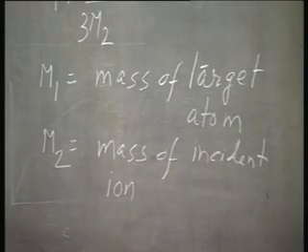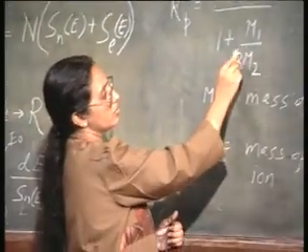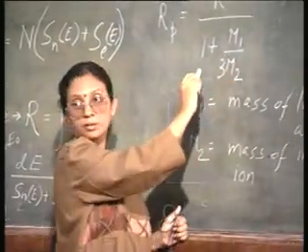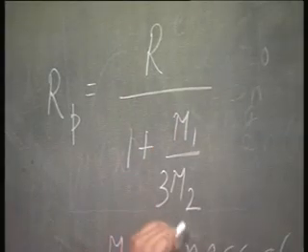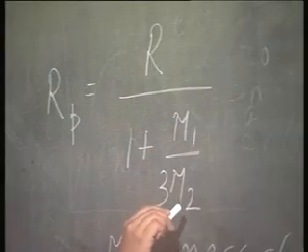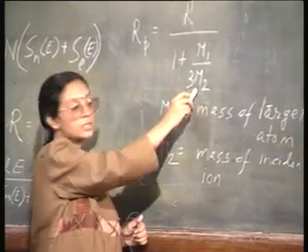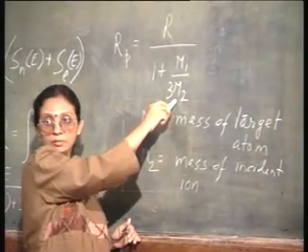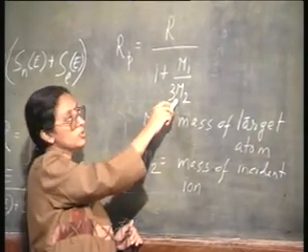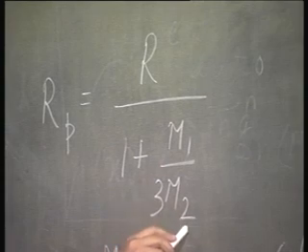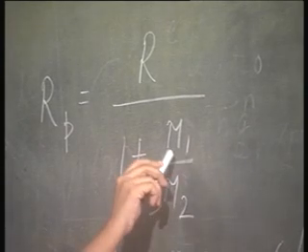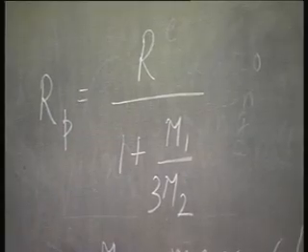So, you see, if the mass of the incident ion is going to be larger, then this factor is going to be smaller. Okay. On the other hand, if the incident ion is a very light material, then this factor is going to be much smaller, this is going to be larger, and Rp is going to be reduced. Okay.